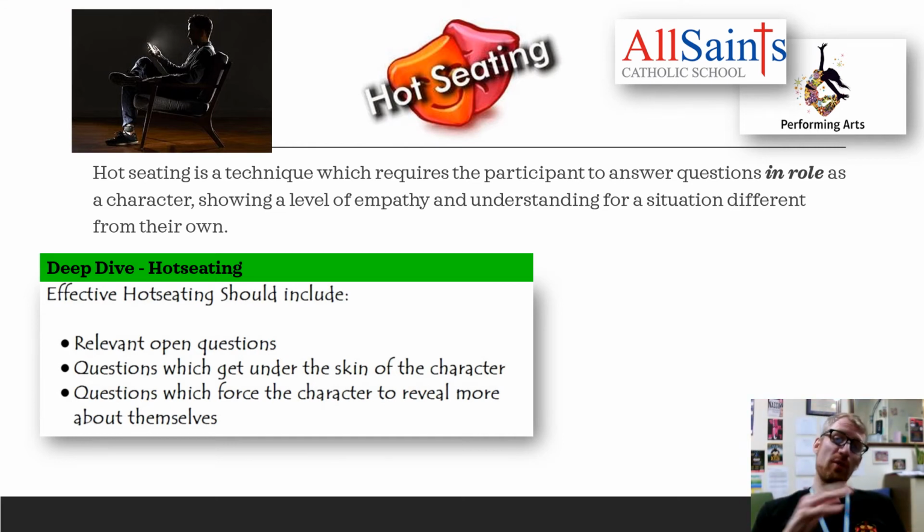And if you've got more able students, they'd be the ones to get in the initial hot seat to do some modelling of this. And if you think they're feeling brave, and if you're feeling brave, really try and get some questions that get under the skin of the character and force the character to reveal more about themselves.